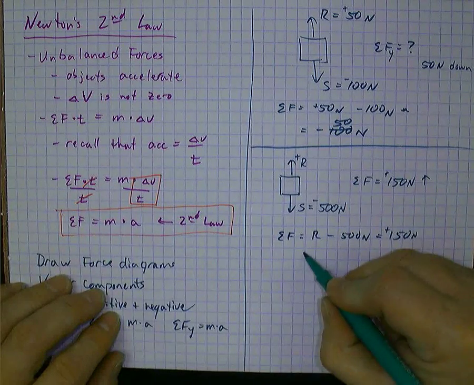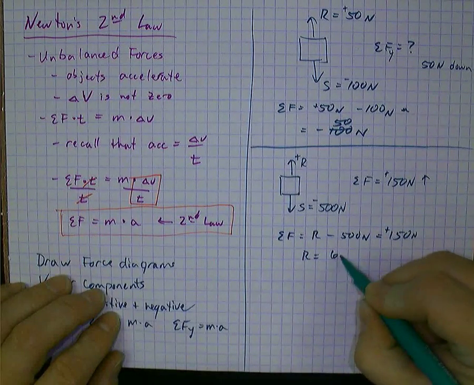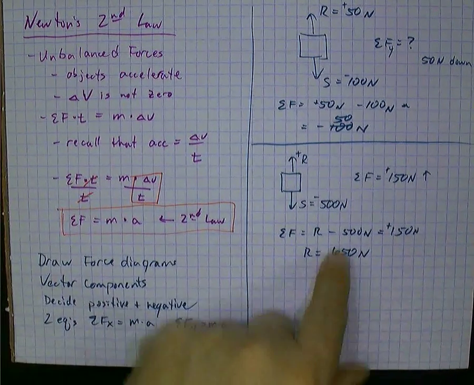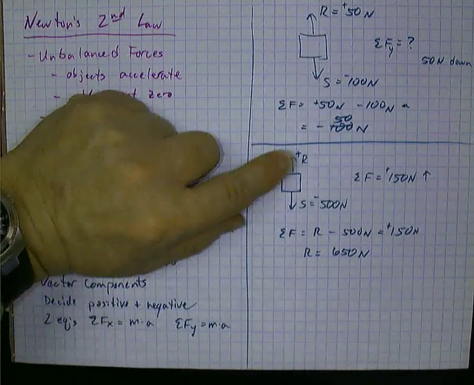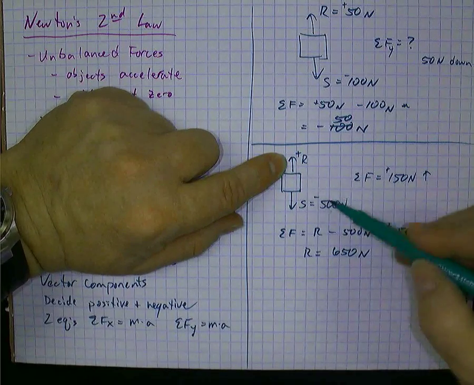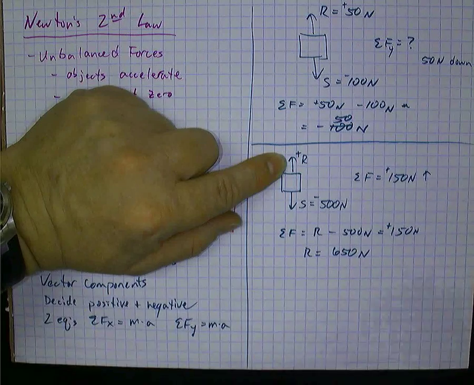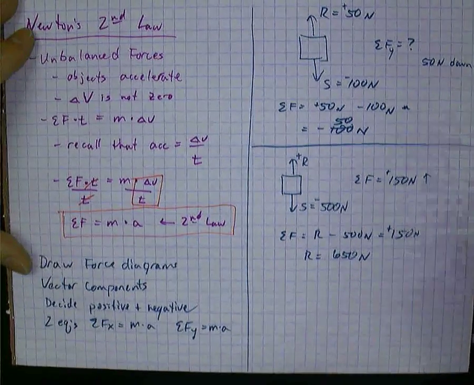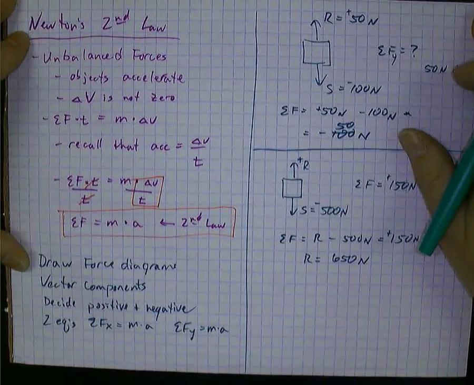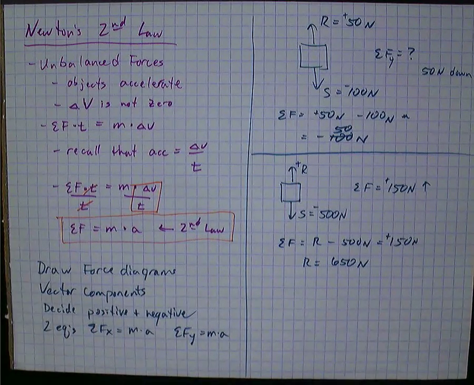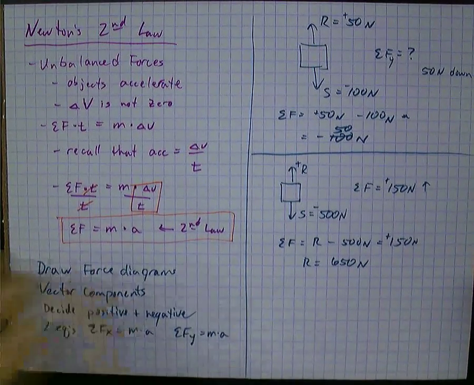Add 500 to both sides, and I get that R equals 650 newtons. By the time I'm done canceling out this 500, I still have to have 150 left over. The remainder, after combining those two forces, one up and one down, is 150 pointing upwards. So I have to have 150 more going up than going down.